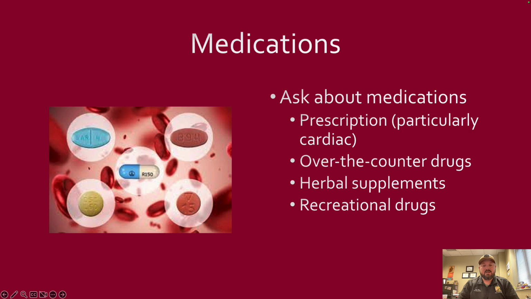And not all patients that are on these medications are on them simply for ED. These are strong vasodilators, and they are often prescribed for blood pressure control as well. They may also be on some types of herbal supplements, or they may also be taking cardiac medications.